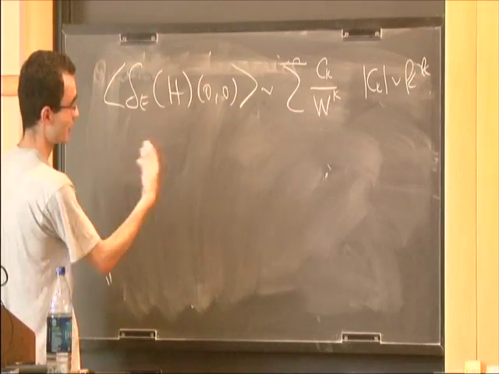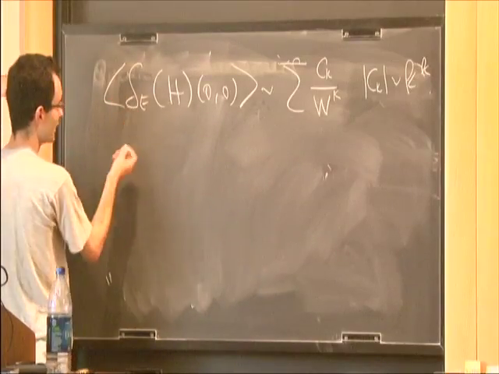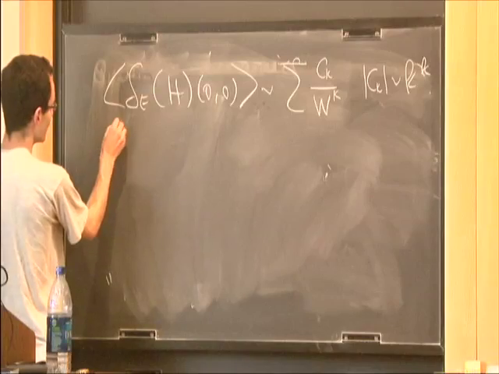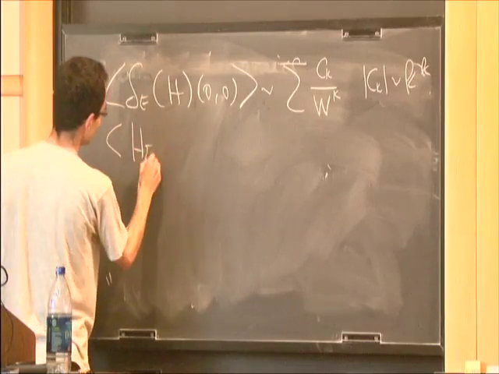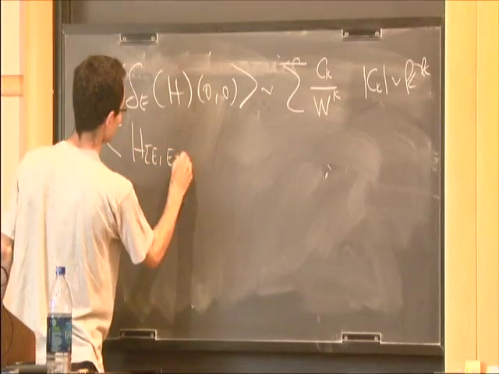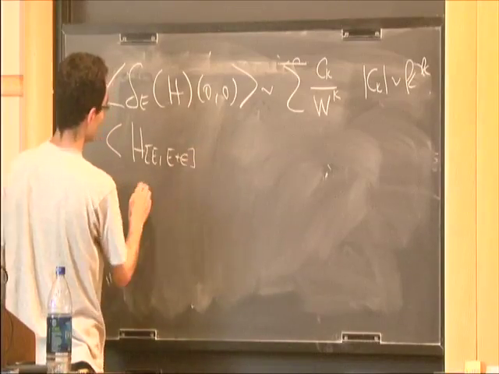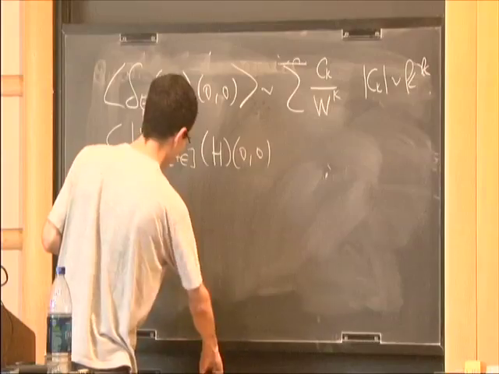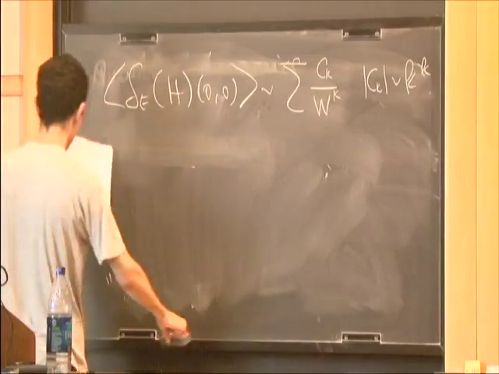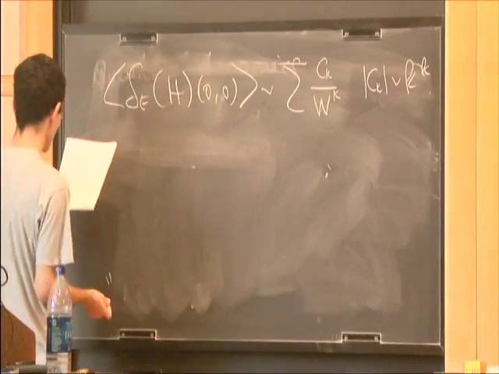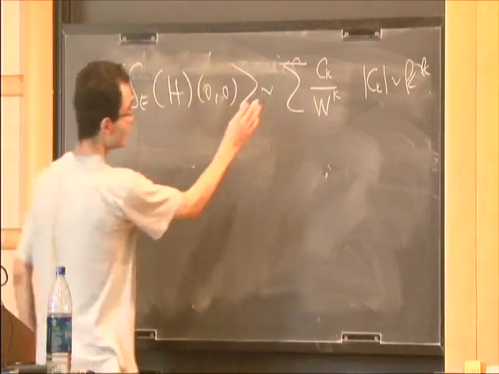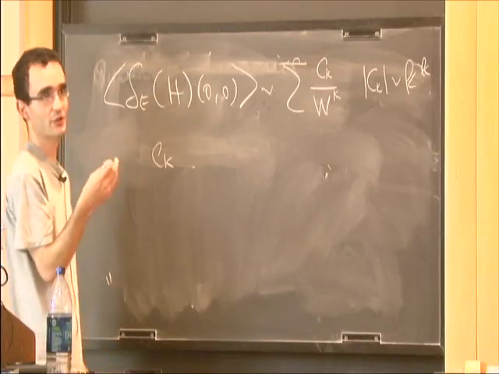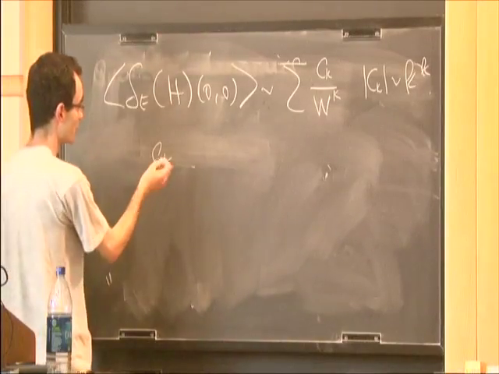So let's try something easier. Instead of a delta function, let's return to projection on an interval of positive length. So we take the projection onto [E, E+epsilon] of H, the 0,0 element. Okay, before that, there was one thing I wanted to say. The coefficients c_k are of very special form, and they are connected to very nice objects in enumerative topology.